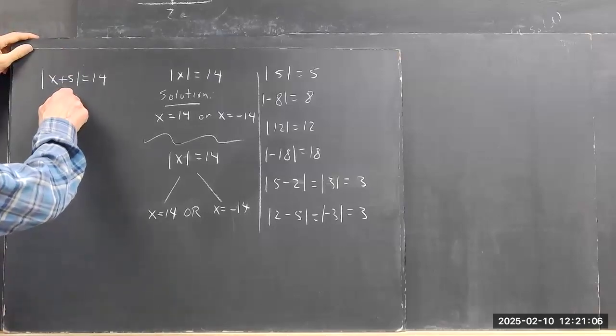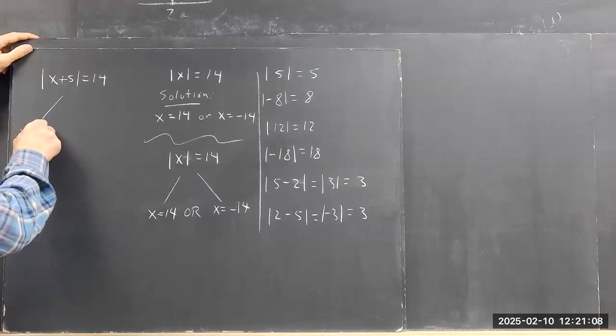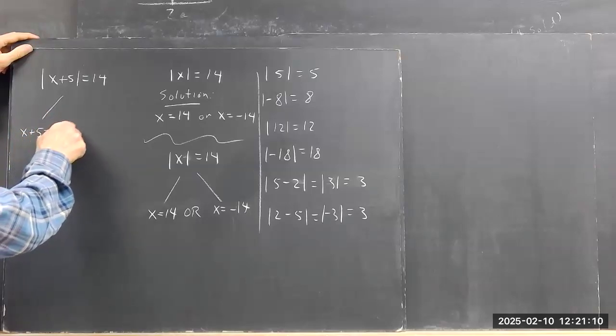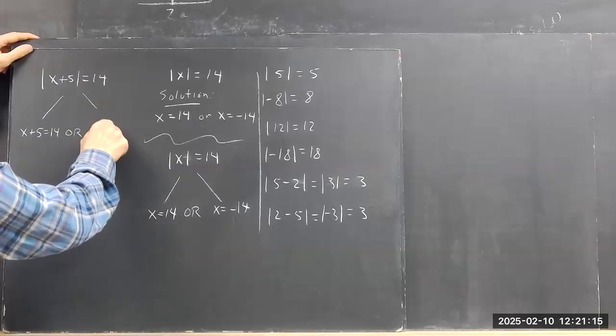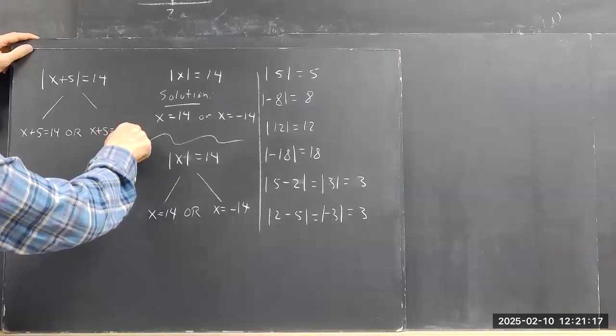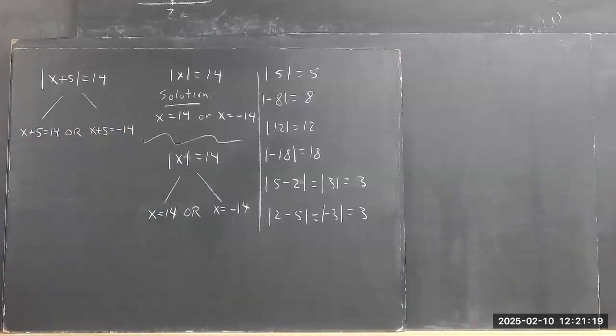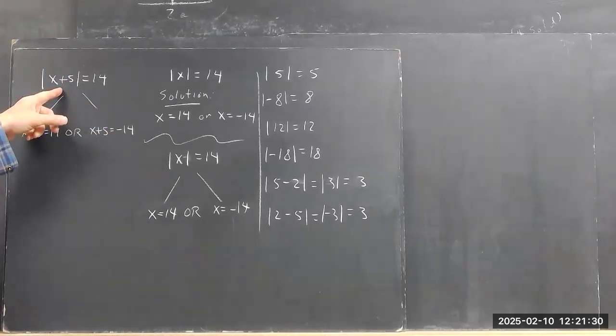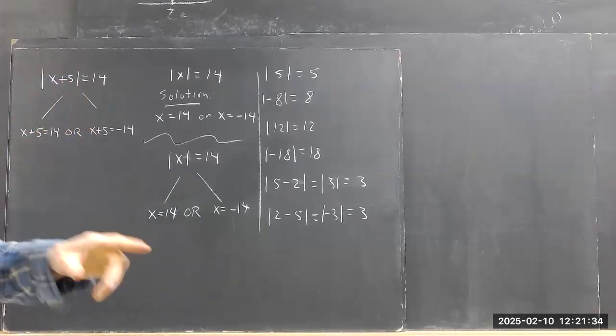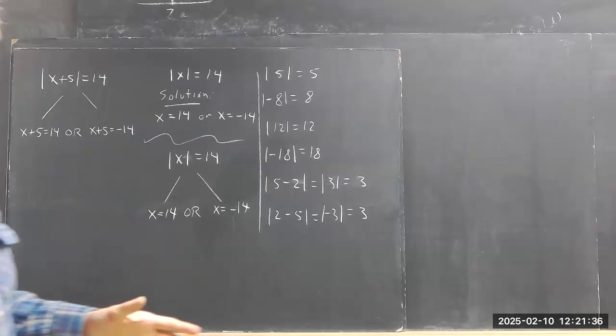Well, you say then that x plus 5 is 14, or x plus 5 equals negative 14. That makes sense? If you have the absolute value of something equals 14, then that something had better either be 14 or negative 14. That's the one thing you have to learn.